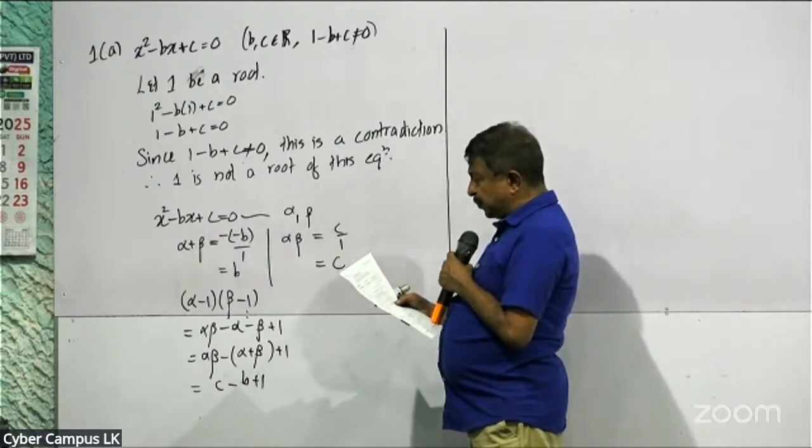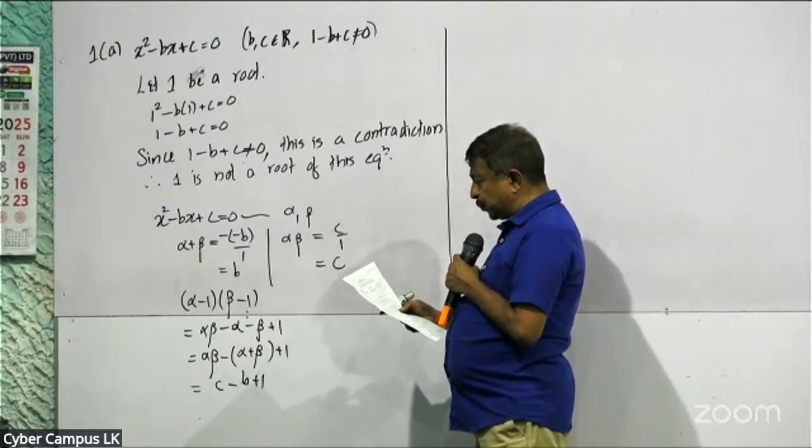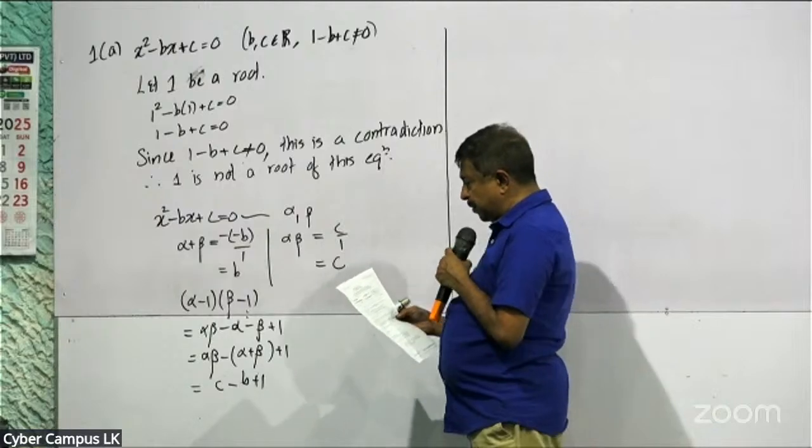Now we need to find the quadratic equation with roots 1 over alpha minus 1 and 1 over beta minus 1.